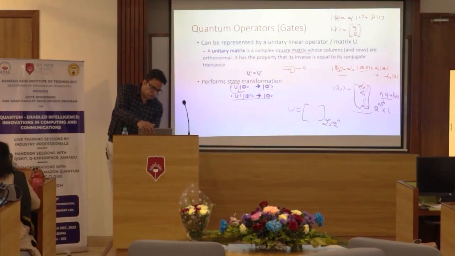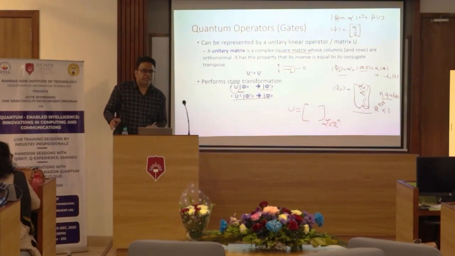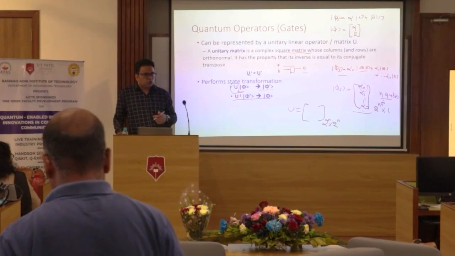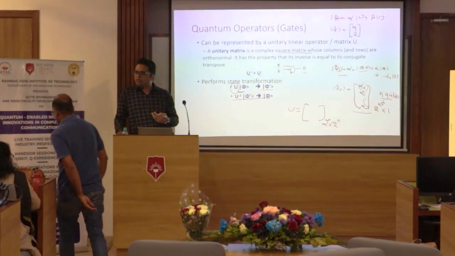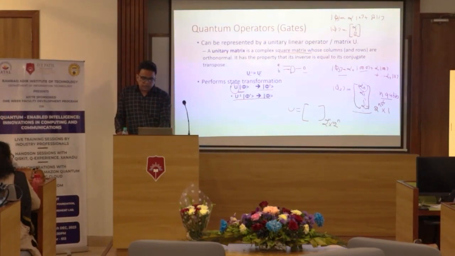Suppose the output is 0, and these are A and B classical bits. I have an output of 0 from the AND gate, and I am asking you what are A and B, the inputs here. You cannot tell with 100% certainty whether it is 0 0 or 1 0. So it means it's not reversible.